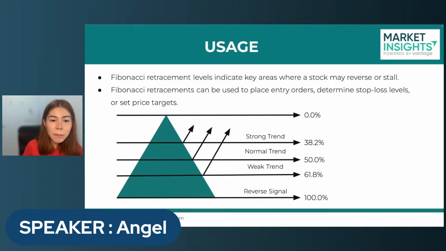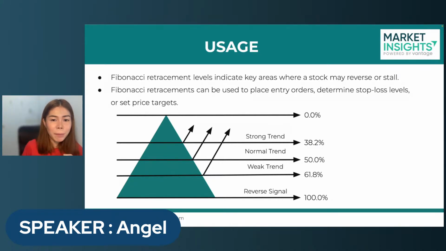If it goes up and retraces to 50%, that's the normal trend. Actually, 50% for me is the lowest price an uptrend should go. I don't really buy at 61.8 simply because it has already retraced below the 50%.